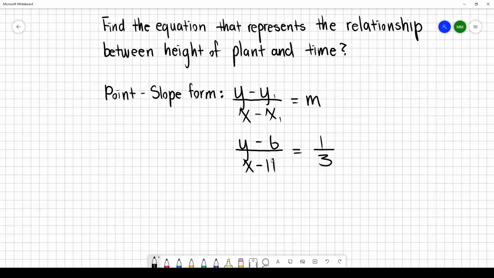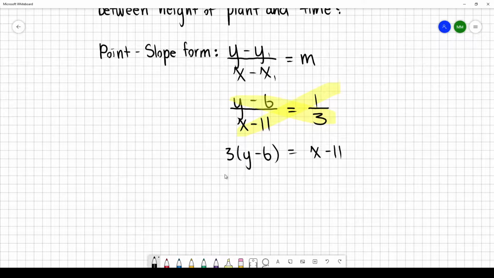Cross multiply. Get 3 times y minus 6 is equal to x minus 11. So I expand this. 3y minus 18 is equal to x minus 11.